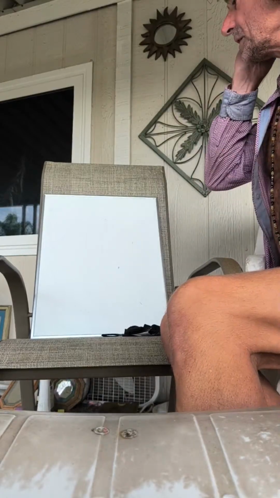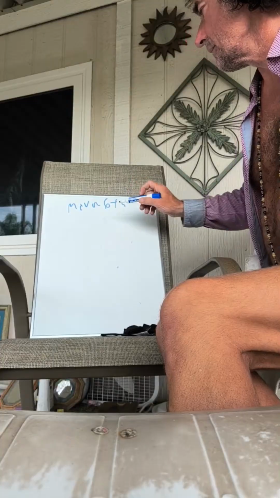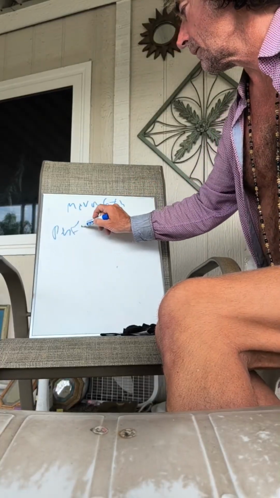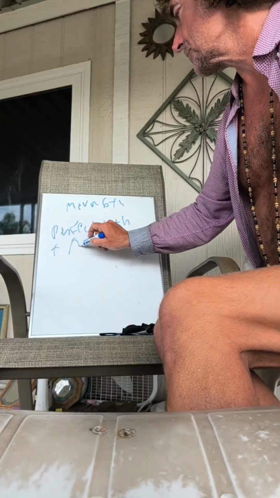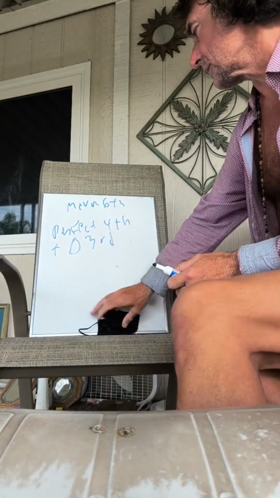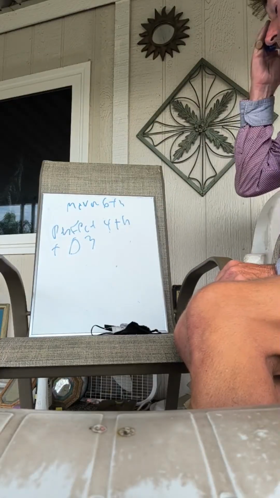How about the ratios for a major sixth? What's a major sixth? A major sixth is a perfect fourth plus a major third. In fact, I'll just write major 3 because that's what I've been doing. What's a perfect fourth?